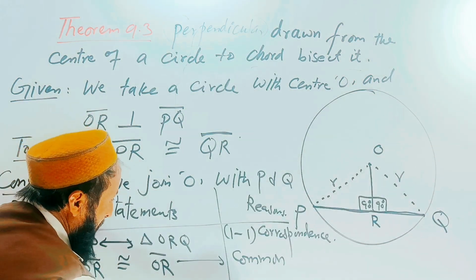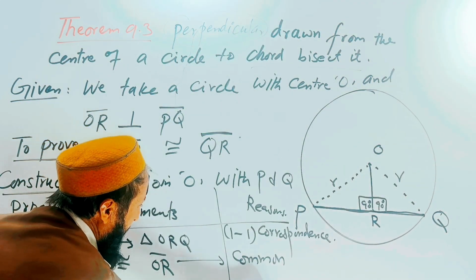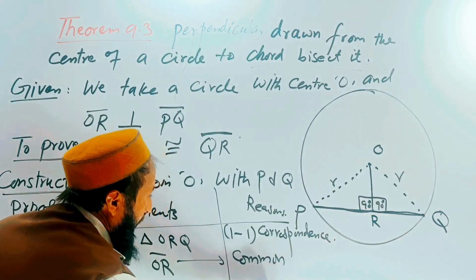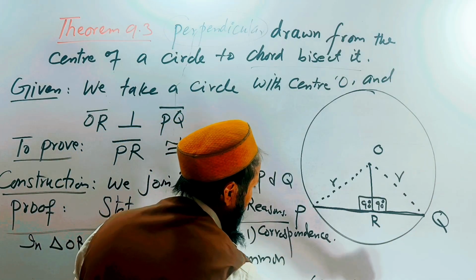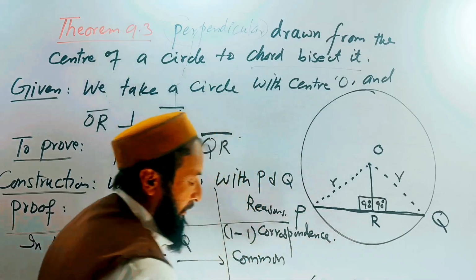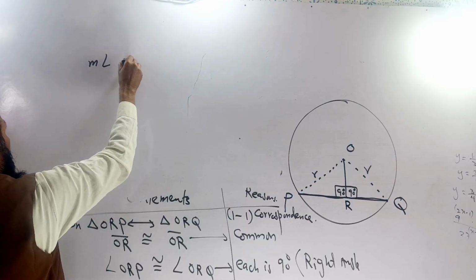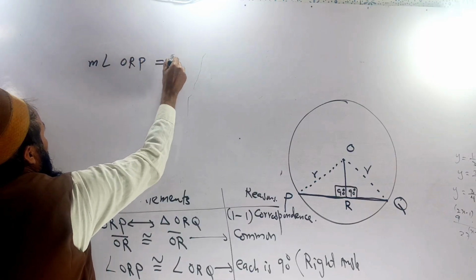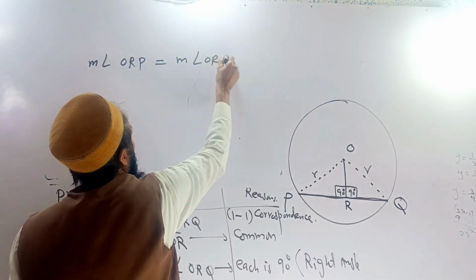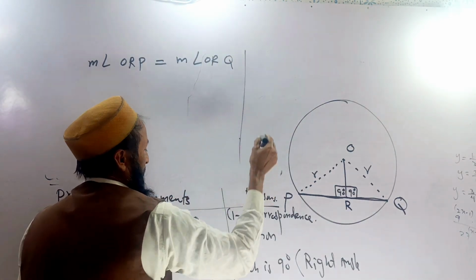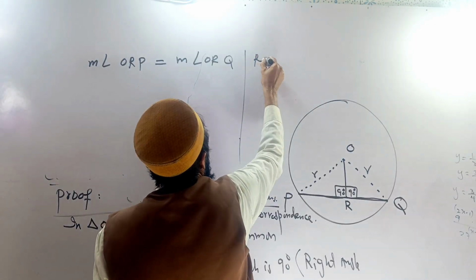Each is 90 degrees, which means a right angle. The measure of angle ORP is equal to the measure of angle ORQ, which is a right angle.